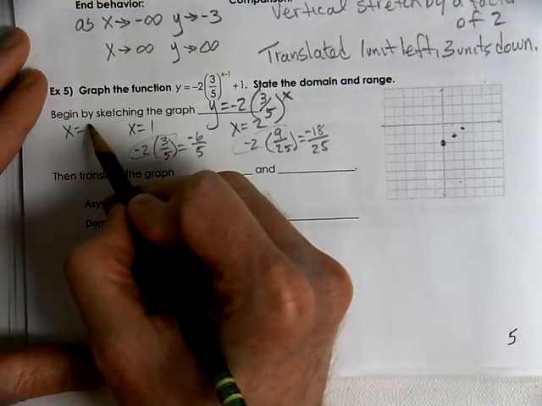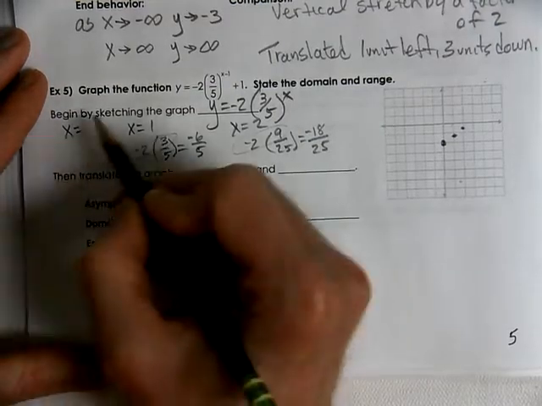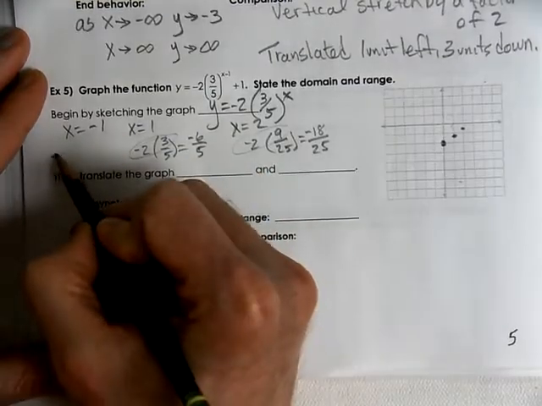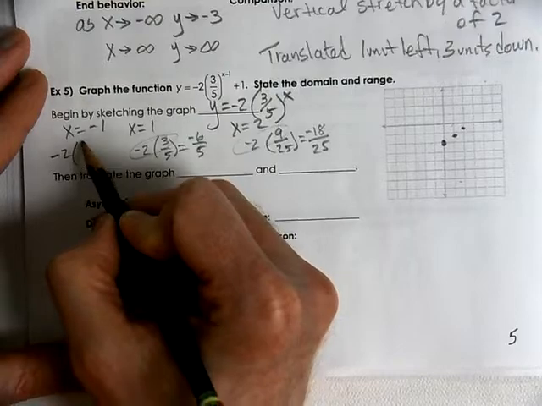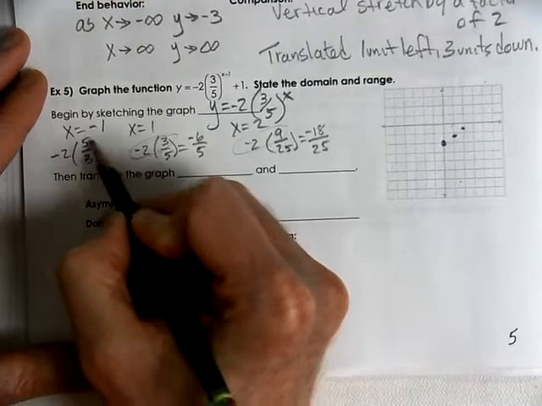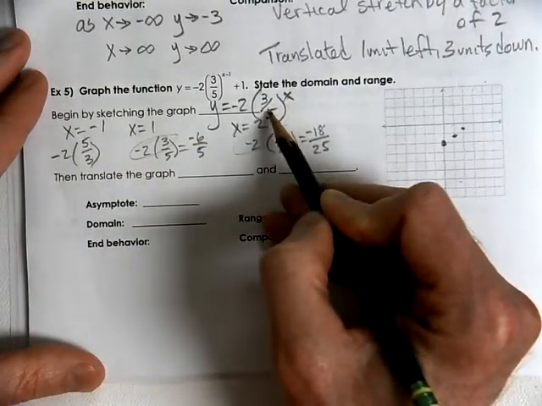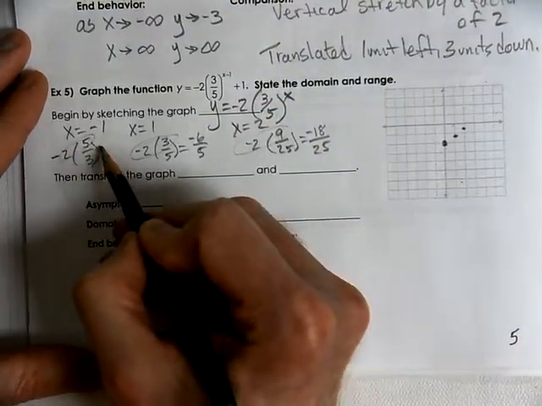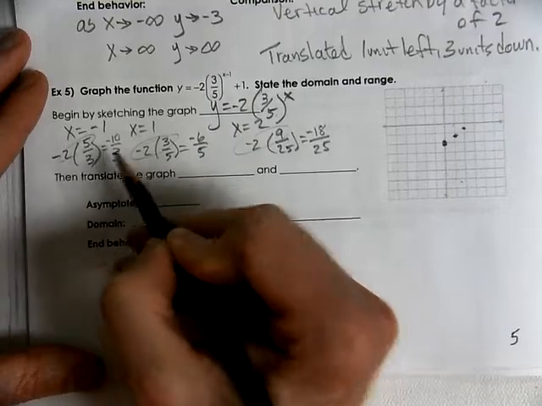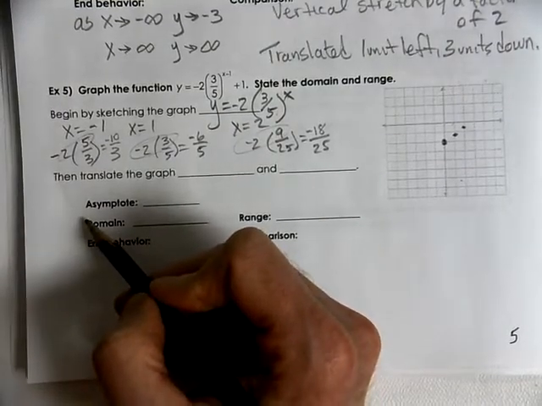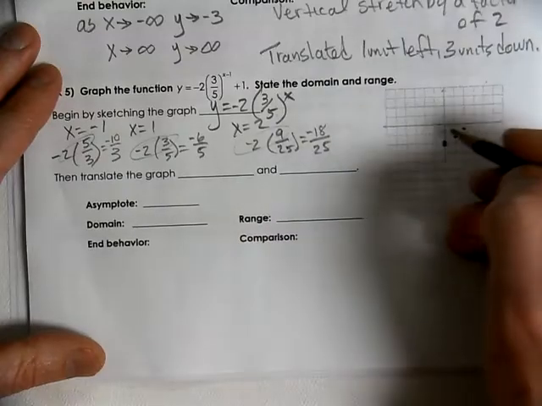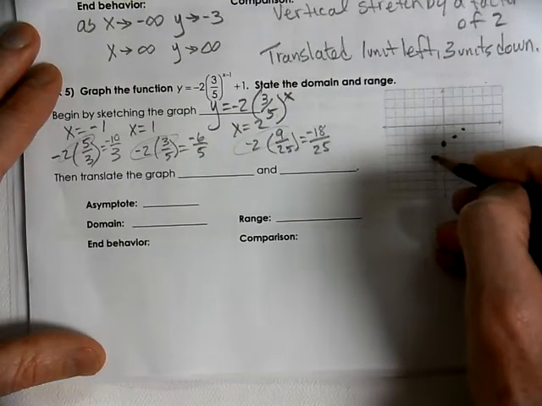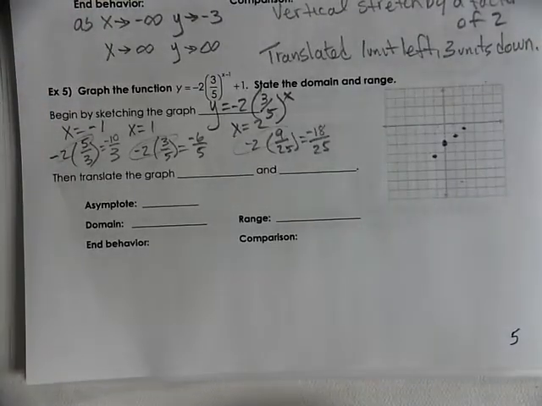Then over here, when we test it, we already know what 0 is. When we test it at negative 1, that means you take your negative 2 and you flip your fraction over. With a negative exponent, you flip your fraction over, and it's negative 10 over 3, which is negative 3 and 1/3.